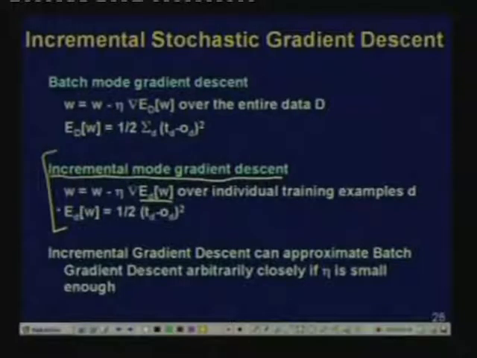And the good news is that incremental gradient descent is an approximation to batch gradient descent. If we keep the value of eta small, then the incremental gradient descent converges to values very close to what you will get by using batch gradient descent, and this is something that we usually use in practice.